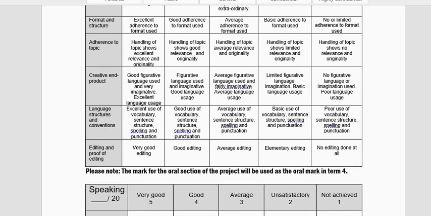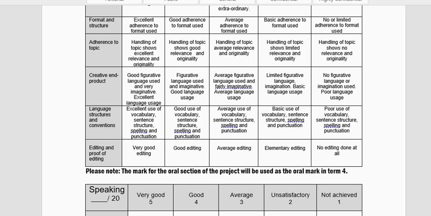Creative end product, be careful of this criteria because it does not simply speak of creativity in general. It focuses on how language was used. No figurative language or imagination. Language use or imagination use. Poor language usage.